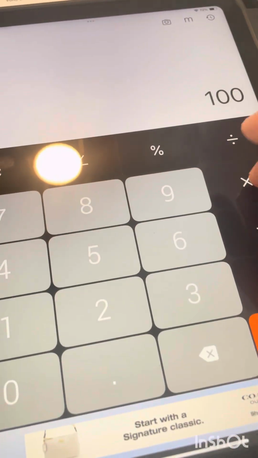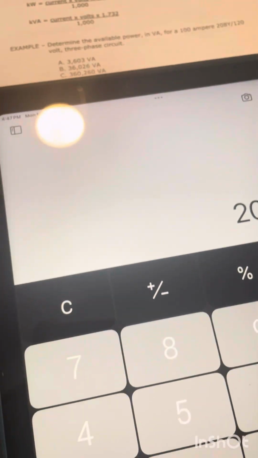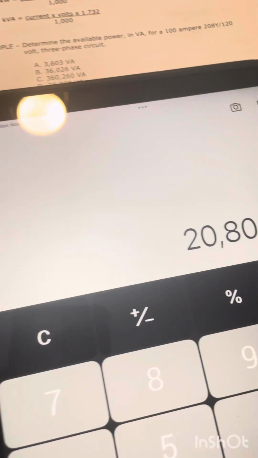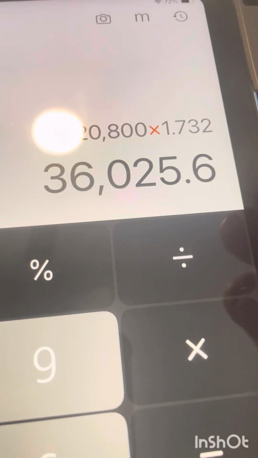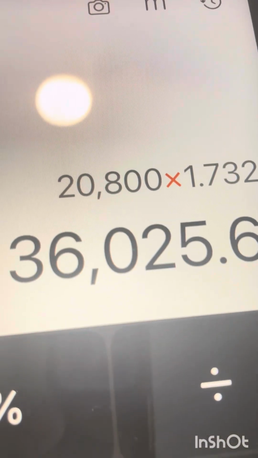So, an example, determine the available power in volt amps for a 100 ampere, 208Y/120 volt, three-phase circuit. Very easy. You take the amperage, which is 100. You multiply that times the 208. That gives you 20,800 times the 1.732 equals 36,025.6.